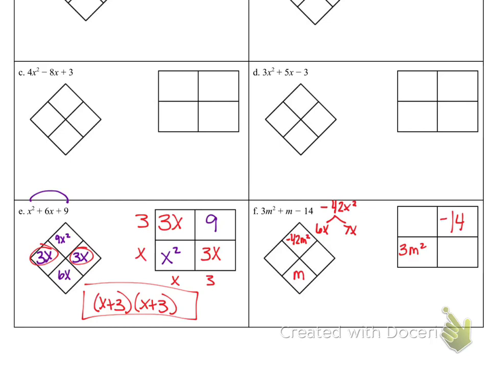Well, they have to add to a positive, so that means the 6 is going to be negative. So I have my two terms, and I'm going to plug those into my generic rectangle. So happy that I found those. And negative 6m and 7m.